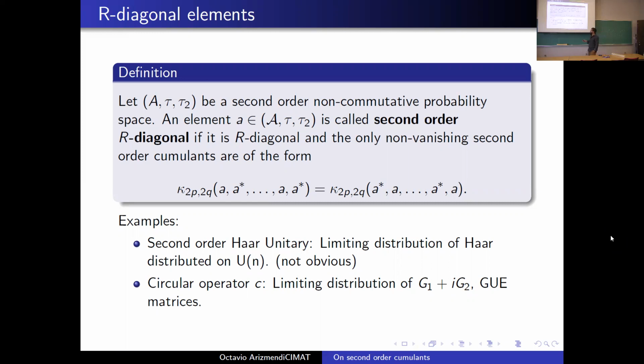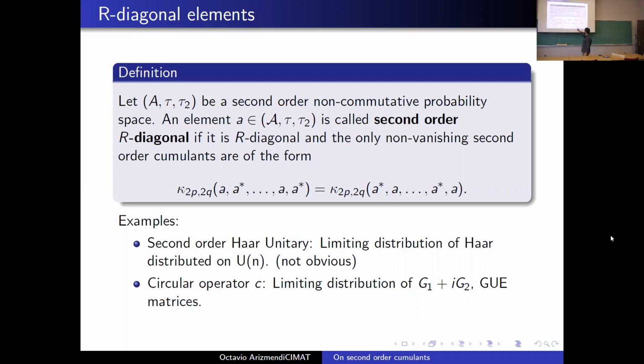Okay? And one thing that is actually not obvious is that Haar distributed unitary matrices, meaning I take the limit of Haar distributed N by N unitary matrices, I take the Haar measure on the unitaries, and this is asymptotically a second order R-diagonal element.